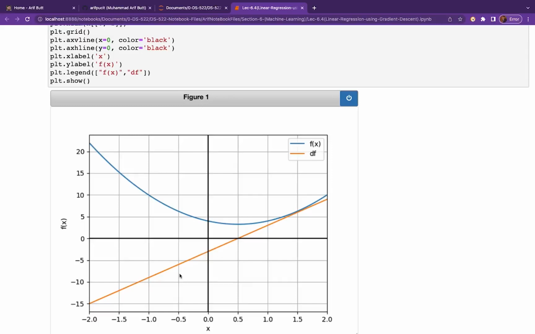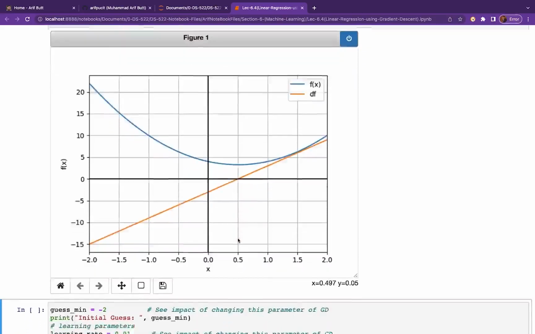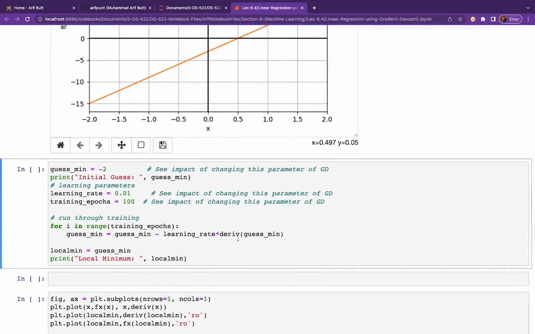Further note that the minimum of the function is the value of x where this derivative has a value of 0, which is I think this point, and where we have x is equal to 0.5. As already said, this is easy to visualize for a one-dimensional function, but is really difficult when we move to multiple dimensions. Let's move ahead and find the local minima of this function using gradient descent now.